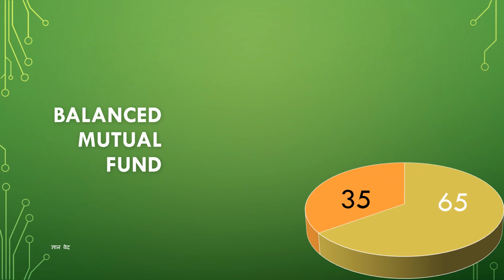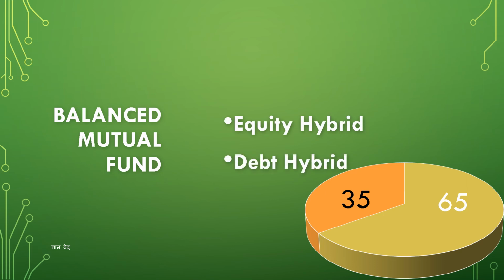Balanced mutual funds are also broadly defined into two categories. One is called equity hybrid and the other is called debt hybrid. When it is equity hybrid, you can take a look at this graph. It is showing that a minimum of 65% allocation will be in equity and the rest 35% has a choice that could be debt, equity or some cash or cash equivalents.